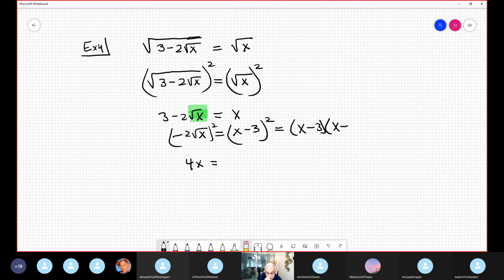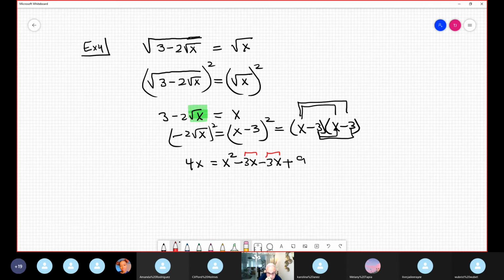It's x minus 3 times itself. x times x is x squared. x times minus 3 is minus 3x. Minus 3 times x is minus 3x. And minus 3 times minus 3 is positive 9. One more time, I can see like terms. We combine. Okay. Now, 4x is equal to x squared minus 6x plus 9.